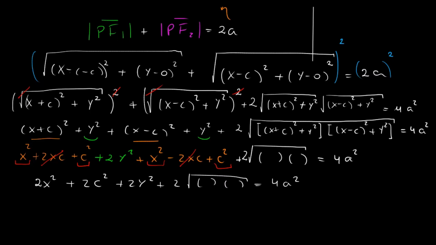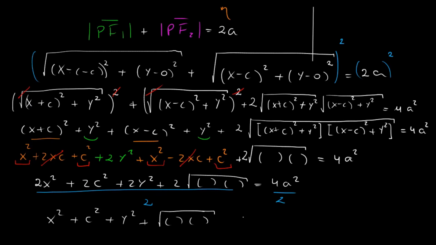And now we divide both sides by 2. And so we get x squared plus c squared plus y squared plus the square root equal to 2a squared.